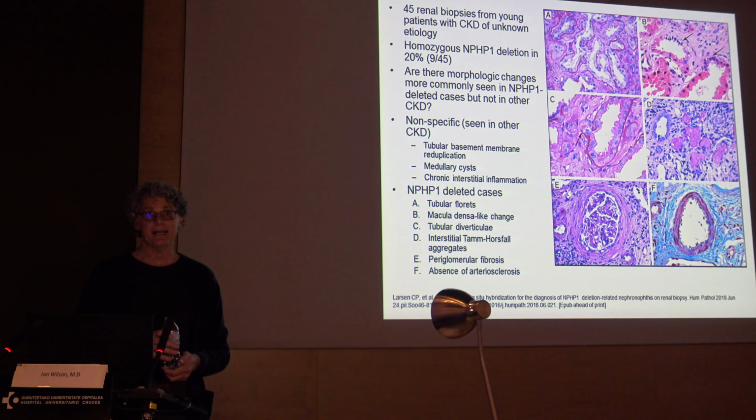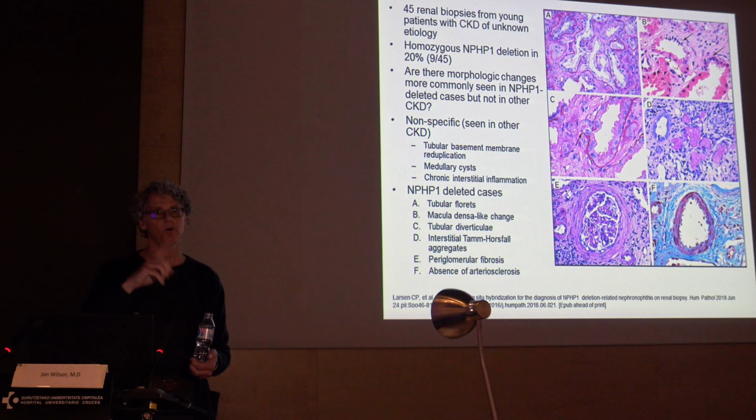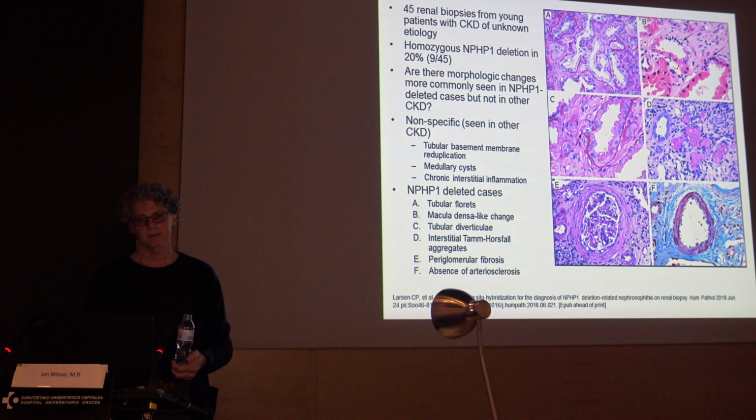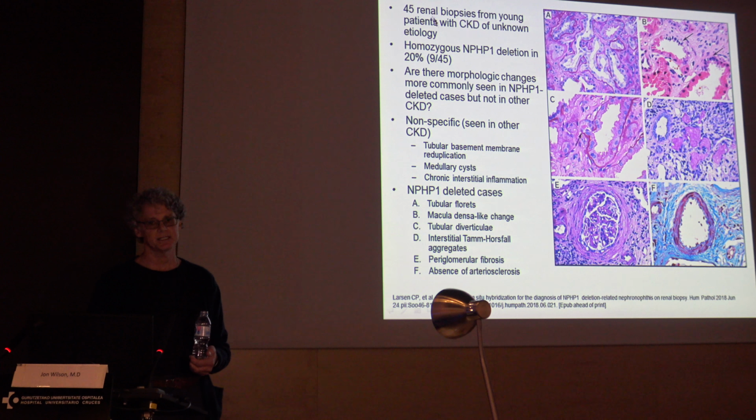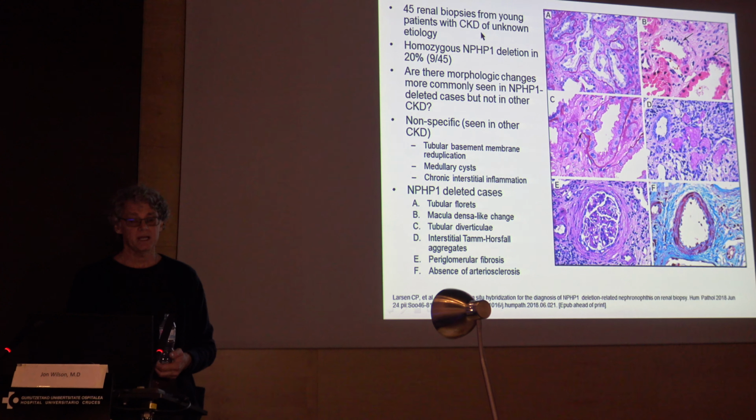And as with many genetic things, once you identify something genetic, you can find a surrogate marker for it. That can be morphology, that can be an immunostain. So Chris Larson in the lab and Steve Ponset initiated a study on 45 renal biopsies from young patients with chronic kidney disease of unknown etiology that we had tested in the process of validating our NPHP1 assay.